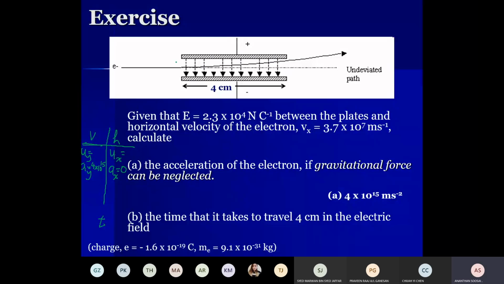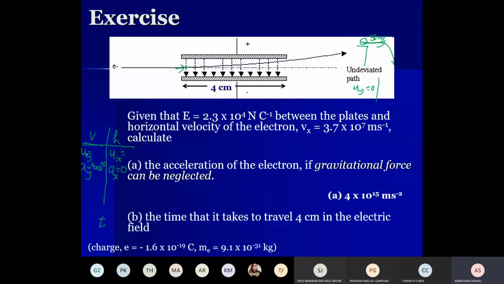It's a horizontal launch. It was launched horizontally. Do you still remember last time projectile movement? Like a ball launched horizontally with 50 meter per second, it goes down. What is your UY value for that ball? 0, right? Horizontal launch.